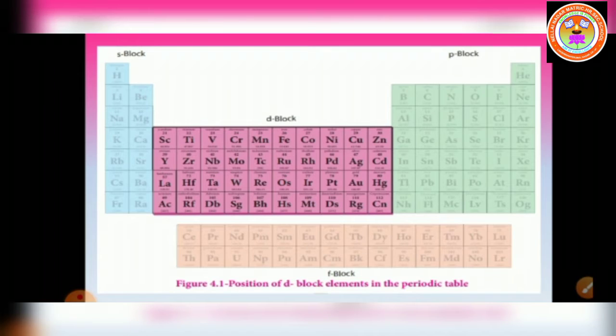Okay, students, today let us discuss how the elements of the periodic table are classified into 4 blocks, namely S, P, D and F blocks. First, let us see about S block elements.